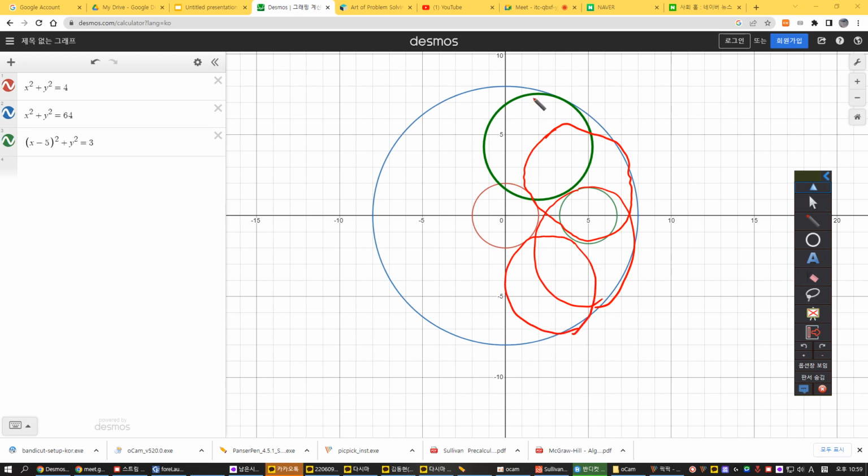It's always attached to the blue and red circle, but it will be tangent to this smallest circle 4 times as it rolls around this wheel. That's one type.